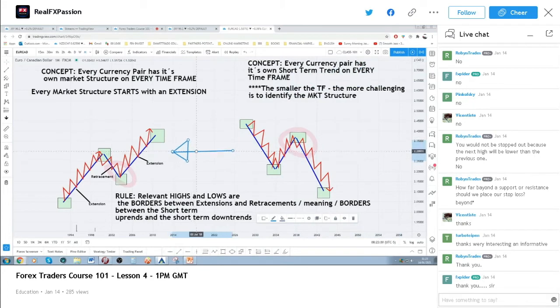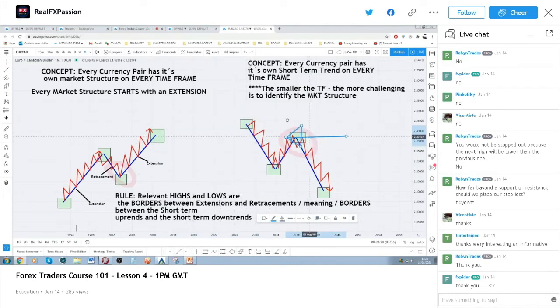Today we are going to use EURCAD. The market structure on EURCAD on the monthly chart is going to be different than on the daily chart. The short-term trends, the red line, are going to be different on the monthly, weekly, daily, 1-hour, 2-hour, and 15-minute charts.